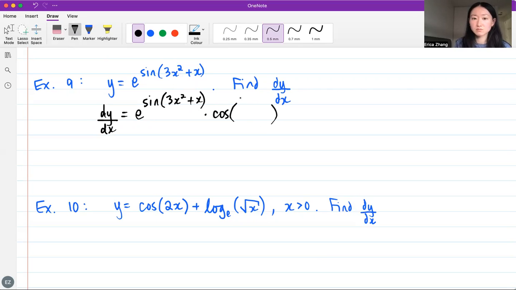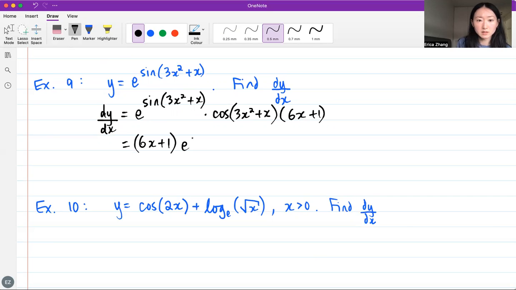But first we just write down everything in that bracket as the argument of cosine, and then take the derivative of that inside function. So applying the power function, we end up with 6x plus 1. Okay, so we have 6x plus 1 multiplied by e to the sine 3x squared plus x times cosine 3x squared plus x.